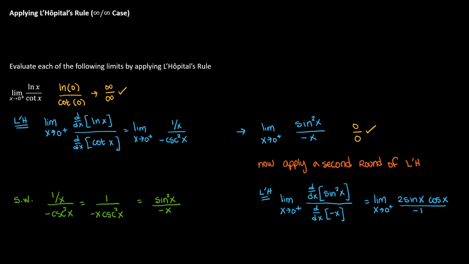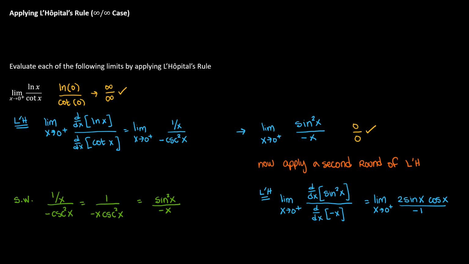Notice that if we had tried to apply L'Hopital a second time before doing our scratch work, we would have actually exacerbated the situation. Taking the derivative of 1 over x would not reduce that down to a constant. And taking the derivative of negative cosecant squared x, well, that's going to require a chain rule, and cosecant x is going to stay as a factor in those derivatives because of the chain rule.